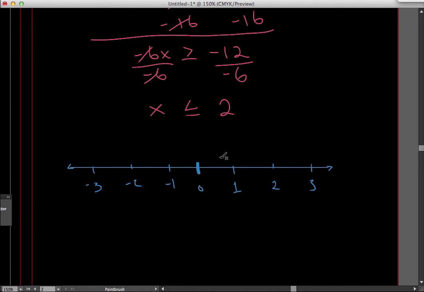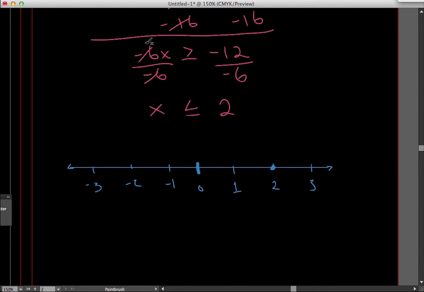All right. So now if we're graphing this x is less than or equal to 2, well, since it's less than or equal to, that means that x could be the integer 2. So what we're going to do is make a filled in dot here on the 2.